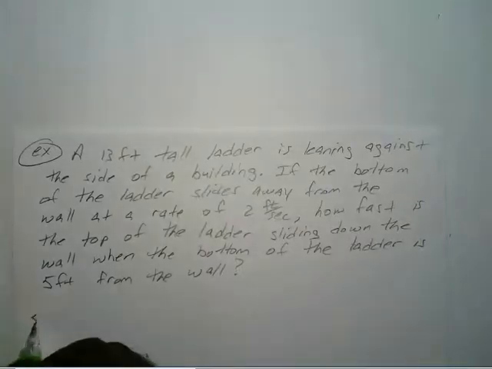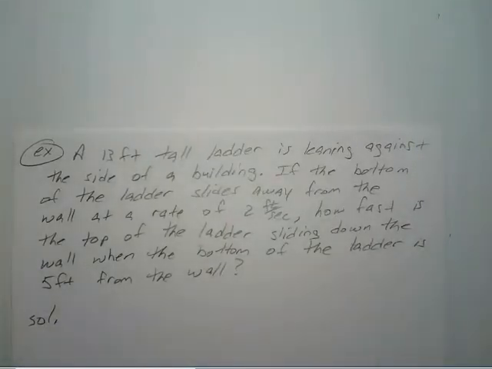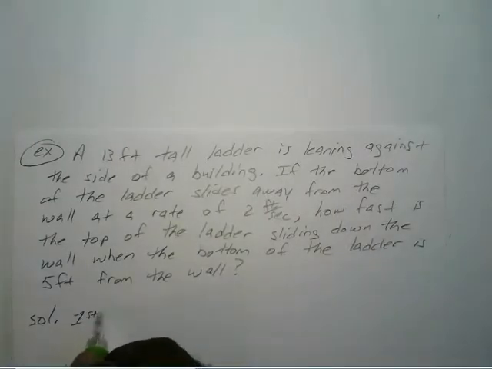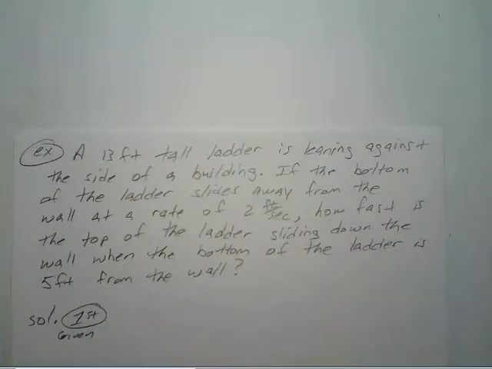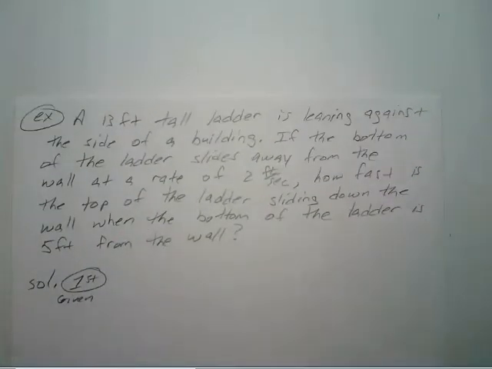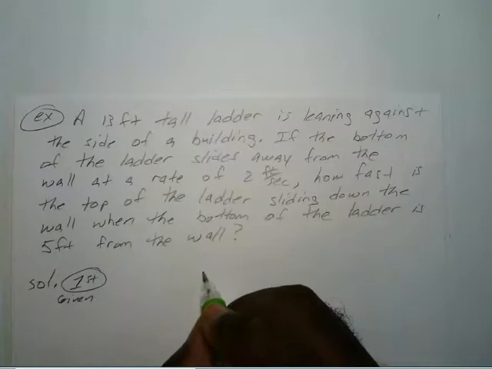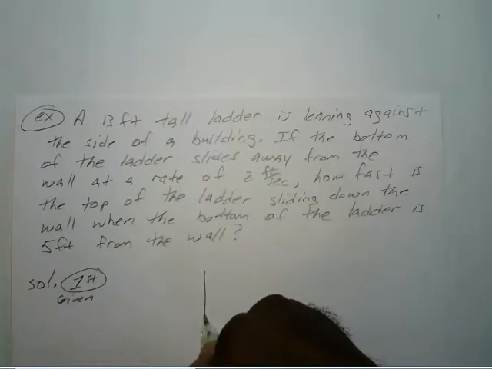All right. So this one, we're going to do the same steps. First, we look at what's given to us, and this is where it's usually easiest to draw a picture to help you visualize. Let's say you have the side of a building here.